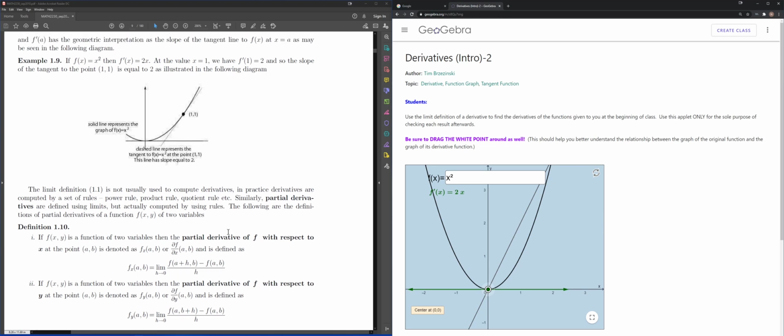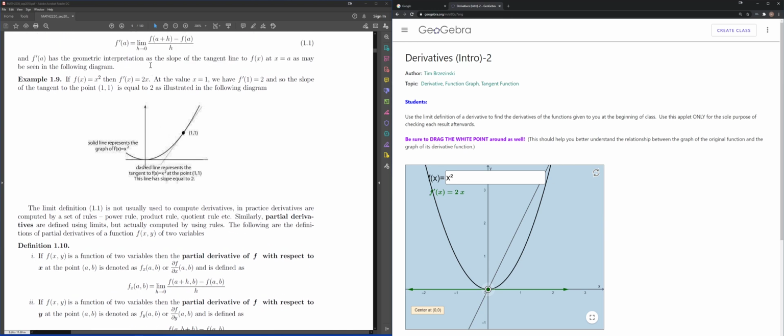And what you want to do is compare this limit definition to this limit definition. And what you want to realize is it's very similar.